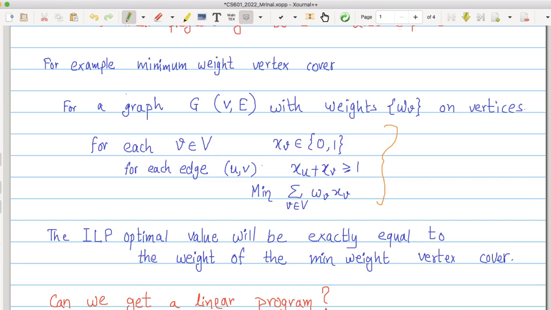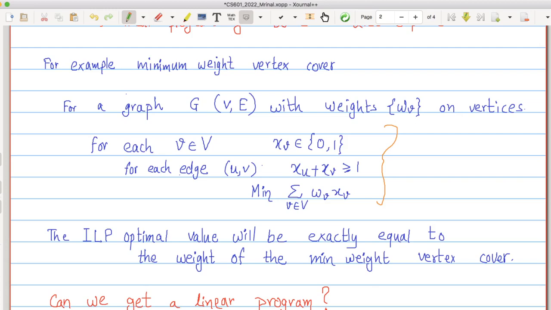Then you have this constraint for every edge. So what do we want in a vertex cover? For every edge we want at least one of the endpoints. So that we express as a linear constraint xu plus xv greater than or equal to 1. So this we need to put for every edge, and then our objective function is naturally the sum over all the vertices, and we take this sum of wv xv, right?